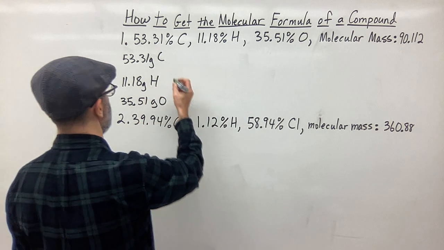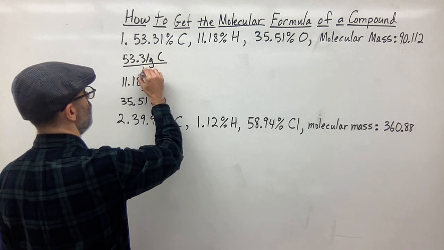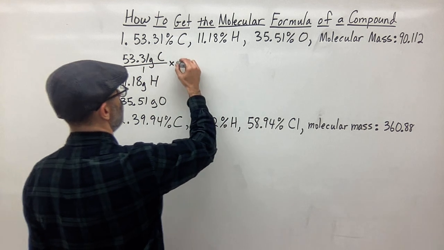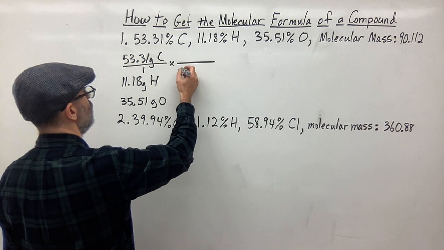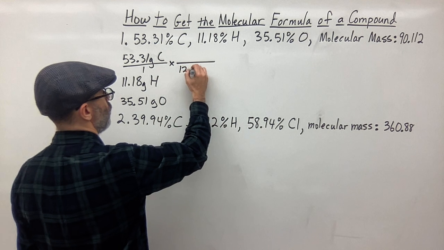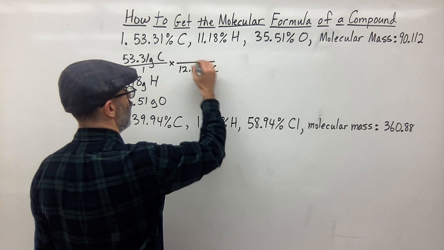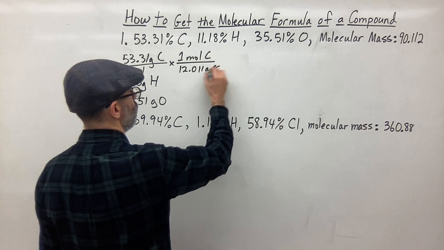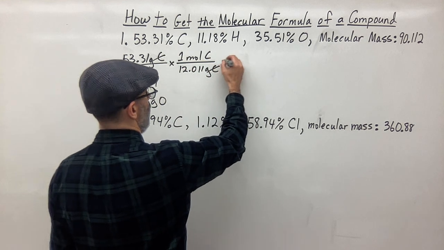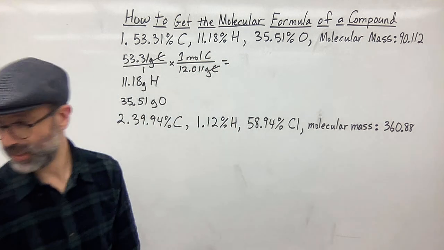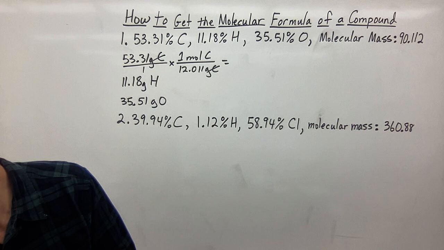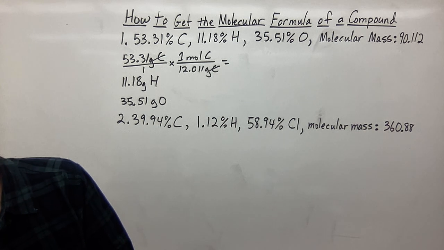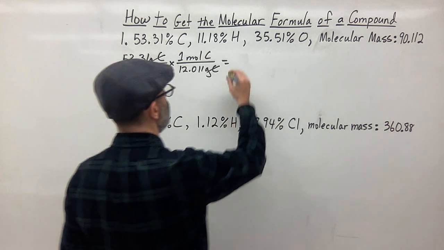Now I'm going to multiply each of those by its molar mass. Carbon is 12.011 grams per 1 mole of carbon, so grams cancels out and I get moles. When I calculate that, I get 4.438 moles of carbon.